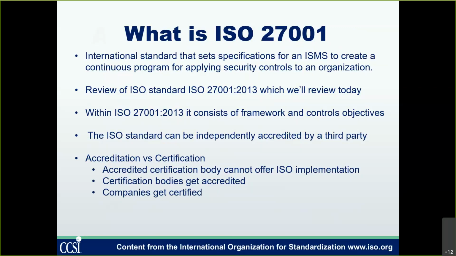Something that is confusing is that a lot of times people use the words accreditation and certification in ways that might not be appropriate. When you read through documentation, accreditation is the certified body. So if somebody comes in to audit you, they need to be accredited. When you get audited by an accredited certification body, you get certified. So companies get certified, and auditing companies get accredited.